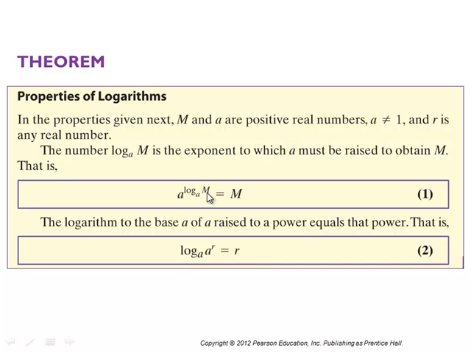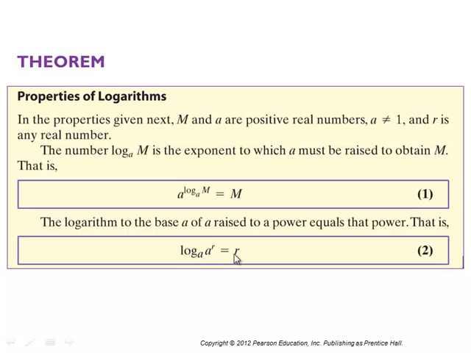So, f inverse of f of x is equal to x. A raised to the log base a of m is equal to m. Or log base a of a to the r power is equal to r, because log base a of a raised to the r power is the same as r times log base a of a, which is 1.